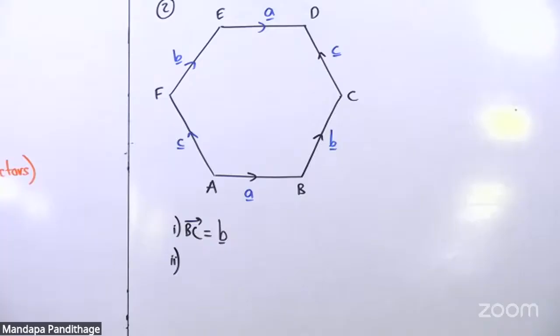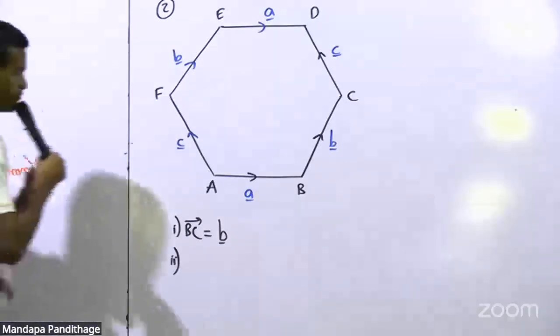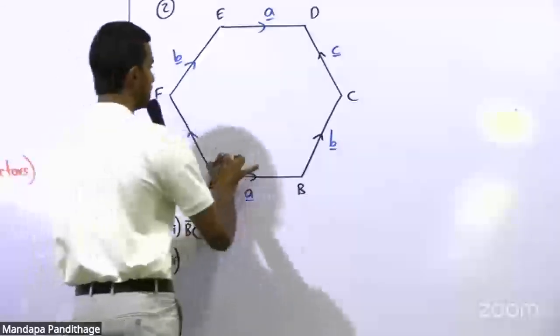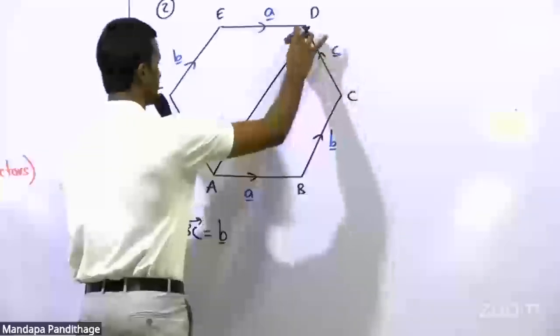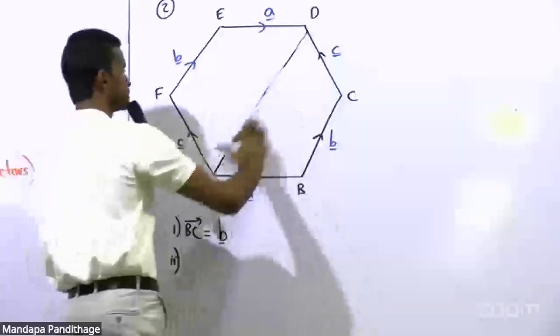So you have written the first six. Then question number 7, find AD, and question number 8, find AE.